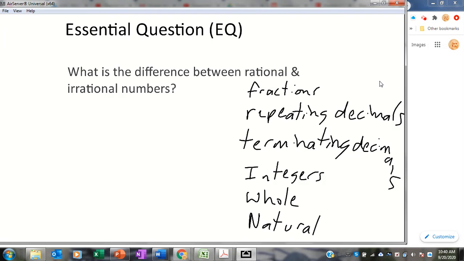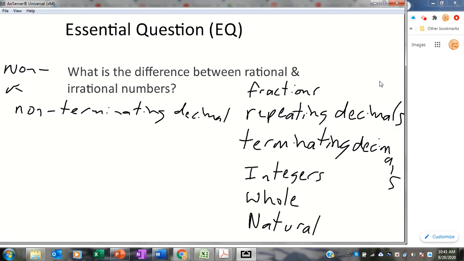Irrational numbers are going to be a much smaller subgroup. They are only going to be decimals that do not repeat and do not terminate. So we can say non-terminating decimals, and also non-repeating.